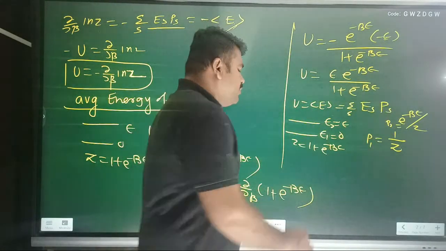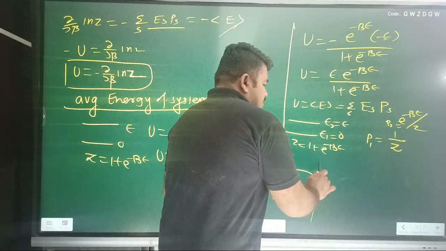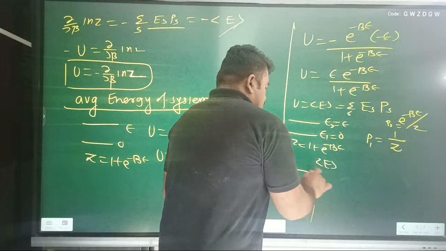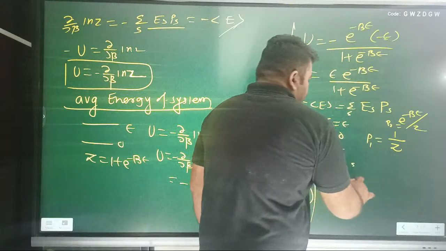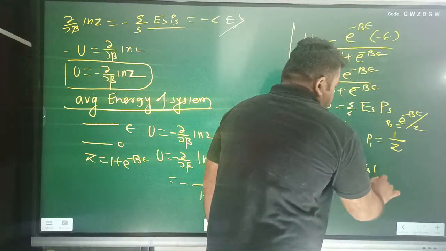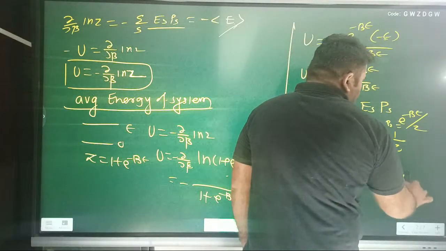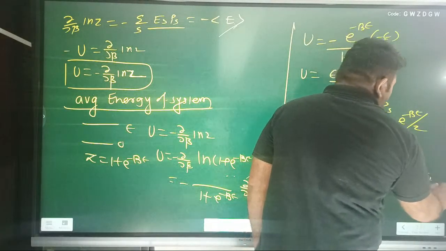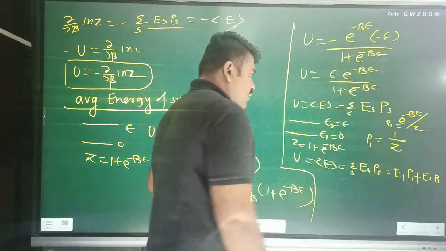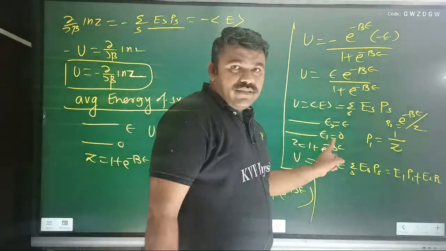Then how to find out the average energy? See here, average energy U is equal to summation of E_s P_s. But here, how many energy levels? Two energy levels. Means E1 P1 plus E2 P2. What is the first energy? 0.